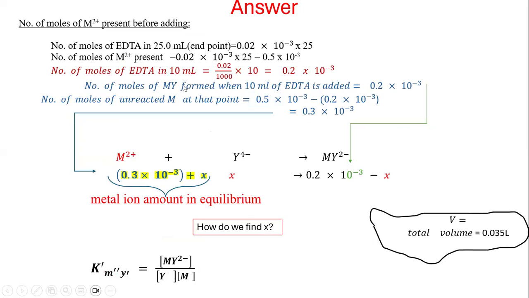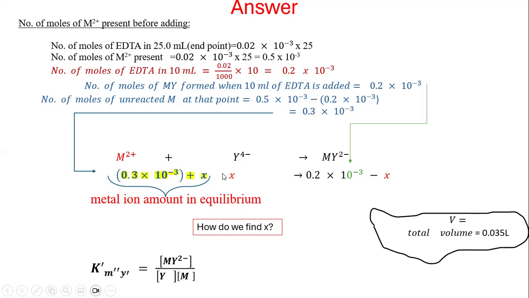So this is the amount. From that, X amount is in equilibrium.